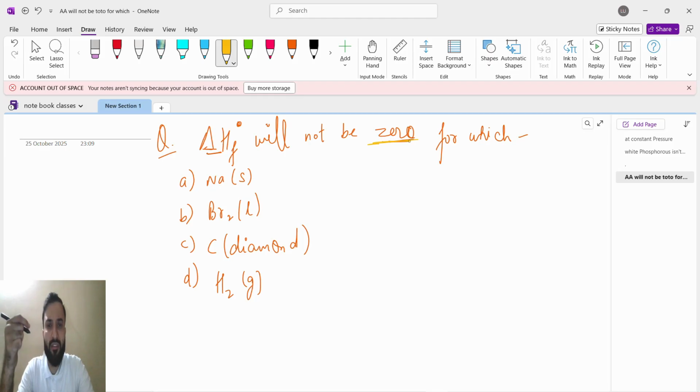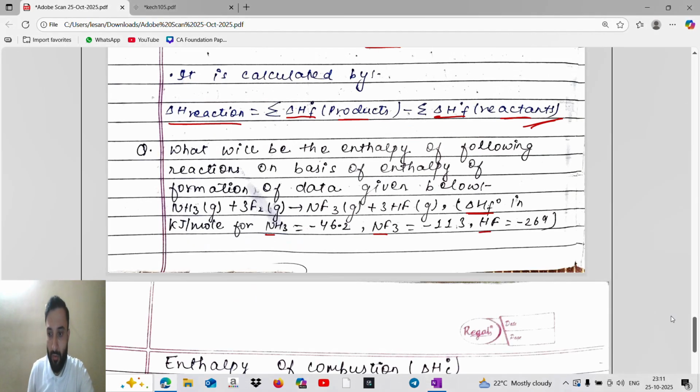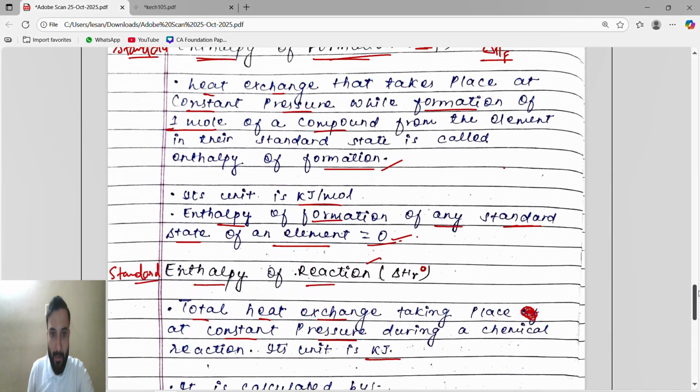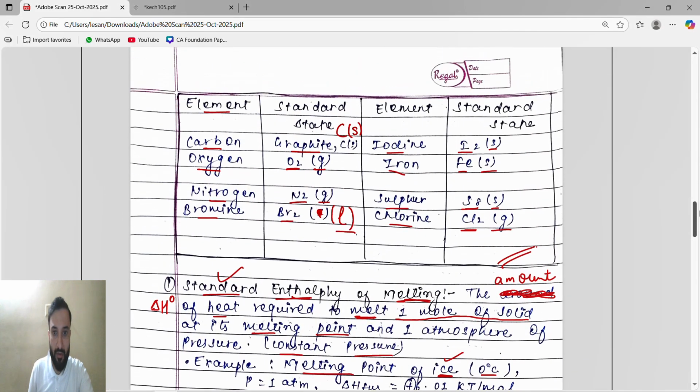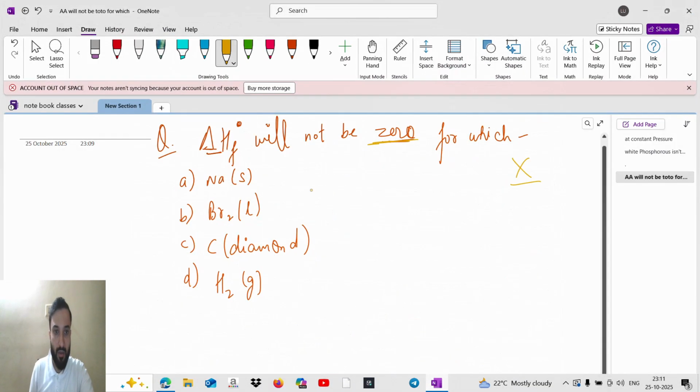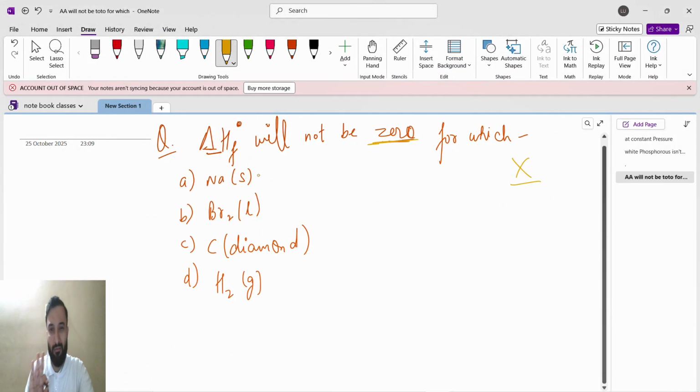Tell me quickly, whose standard enthalpy of formation is not 0? The one that is not present in the standard state of an element. Let's see. Sodium. The enthalpy of formation of any element in its standard state is 0. So which one is not 0? The one not present in the standard state of the element.